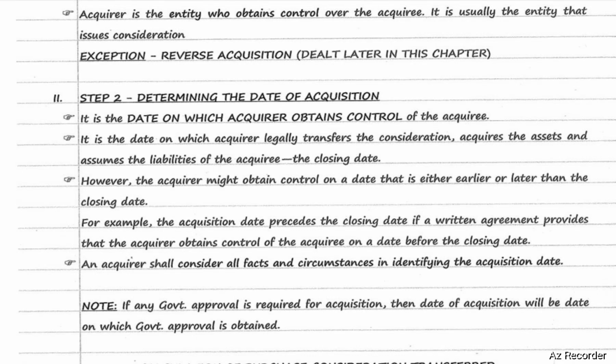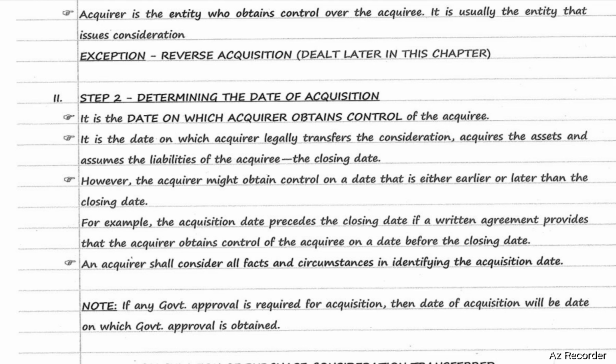It is the date on which the acquirer legally transfers the consideration, acquires the assets, and assumes the liabilities of the acquiree, that is the closing date. However, the acquirer might obtain control on a date that is either earlier or later than the closing date. For example, the acquisition date precedes the closing date if a written agreement provides that the acquirer obtains control of the acquiree on a date before the closing date.